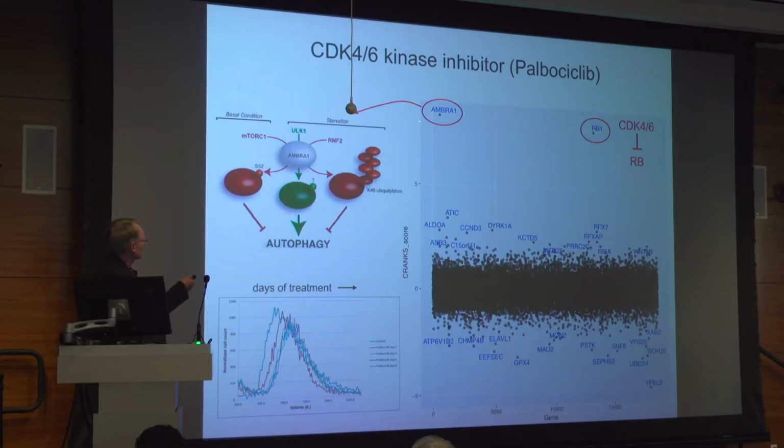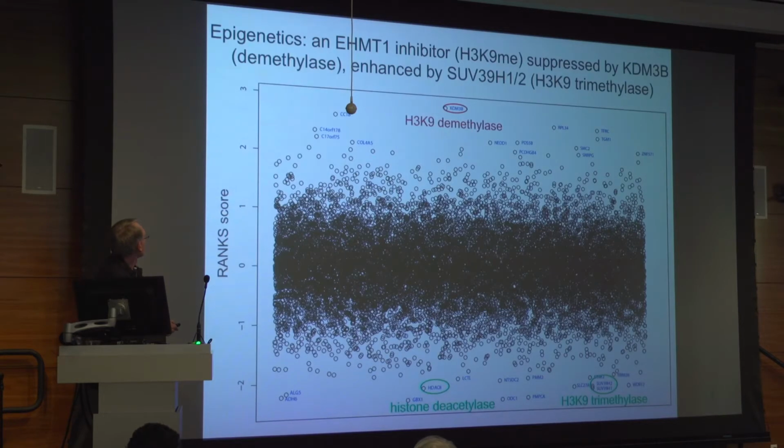But RB is not actually the top hit. This autophagy gene called AMBRA1, which is still relatively unstudied, turns out to be the top hit in these screens. We've also run many different epigenetic inhibitors, and you can see this particular inhibitor makes a cell go pretty haywire. But again, the genetics, when you have an idea of what the target is for the compound, starts to make sense.